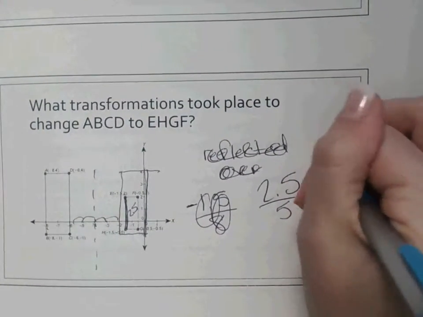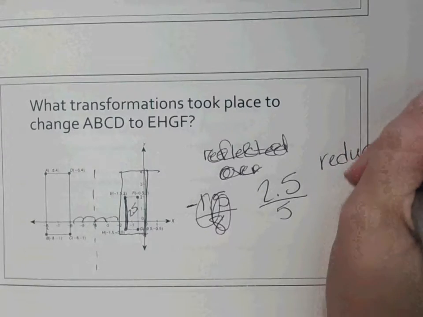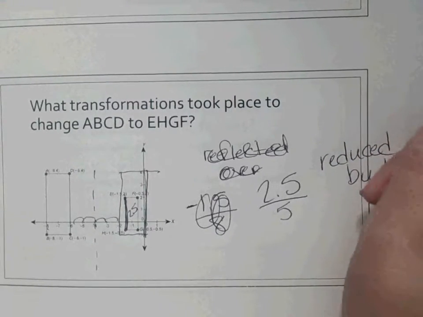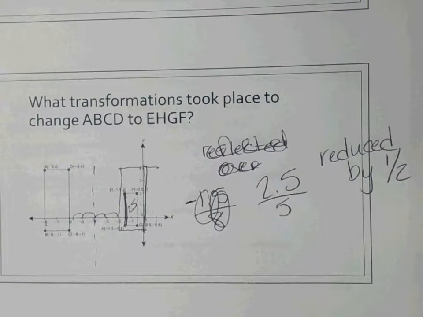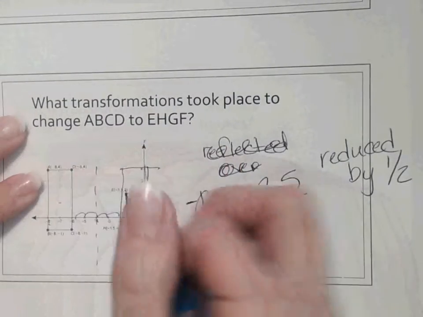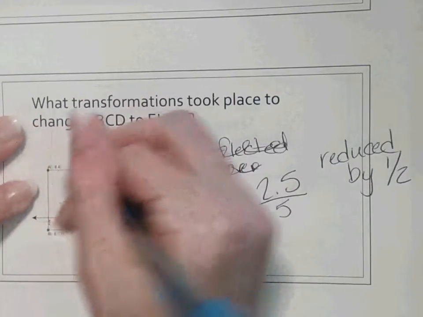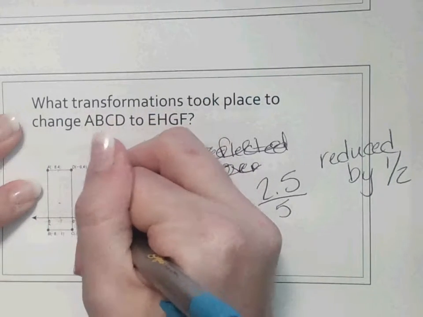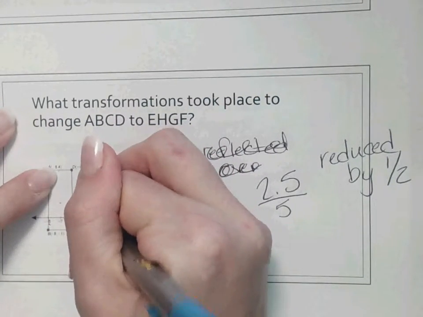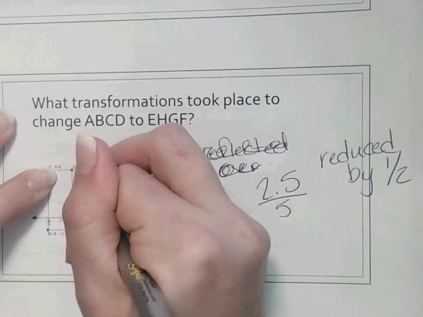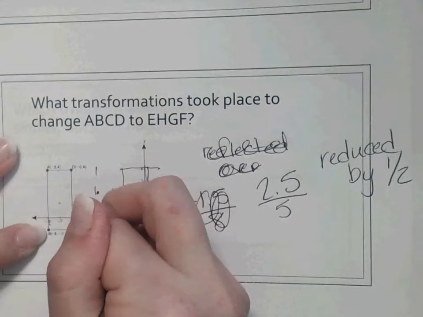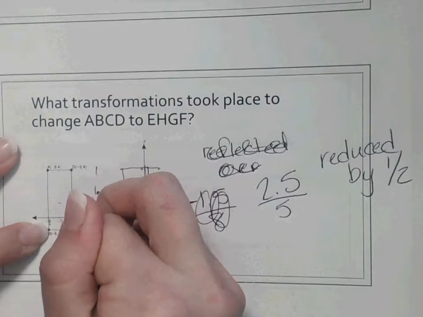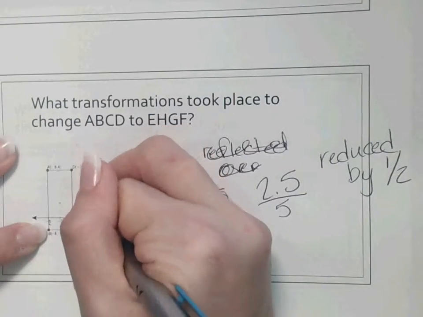So it reduced by a half. Okay, so if it reduced by a half, it would be at negative 4, to, and yep, here.